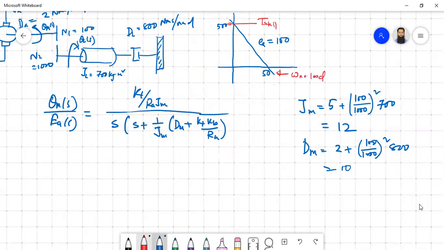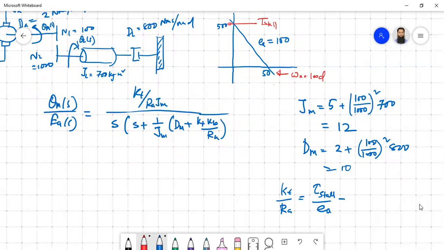So the formula is Kt by Ra equal to tau stall. Sometimes I say T, sometimes tau, but it's always better to say tau. So I'm sorry for that. Maybe it is due to the age.